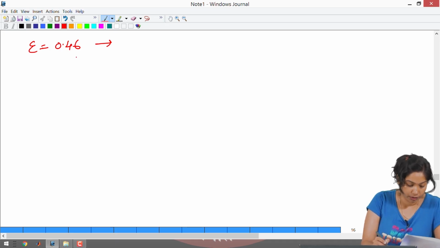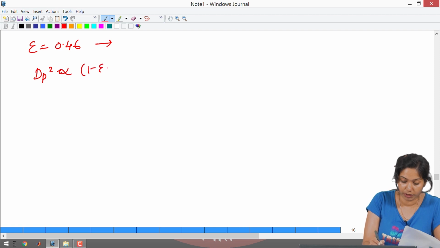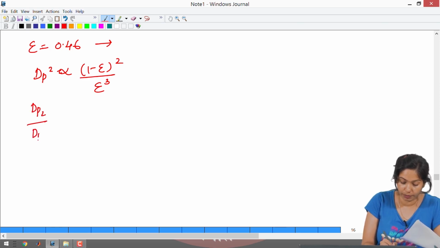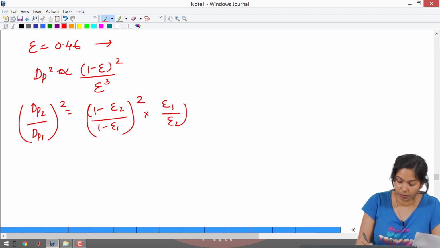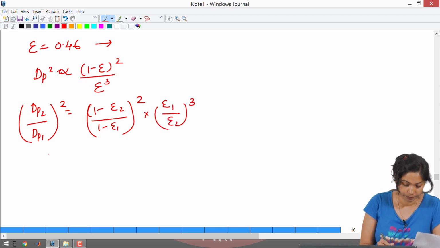For that we have the relation from the Kozeny-Carman equation, that dp square is proportional to (1 minus epsilon) the whole square divided by epsilon cube. So, (dp2 divided by dp1) the whole square equals ((1 minus epsilon 2) divided by (1 minus epsilon 1)) the whole square into (epsilon 1 divided by epsilon 2) the whole cube.